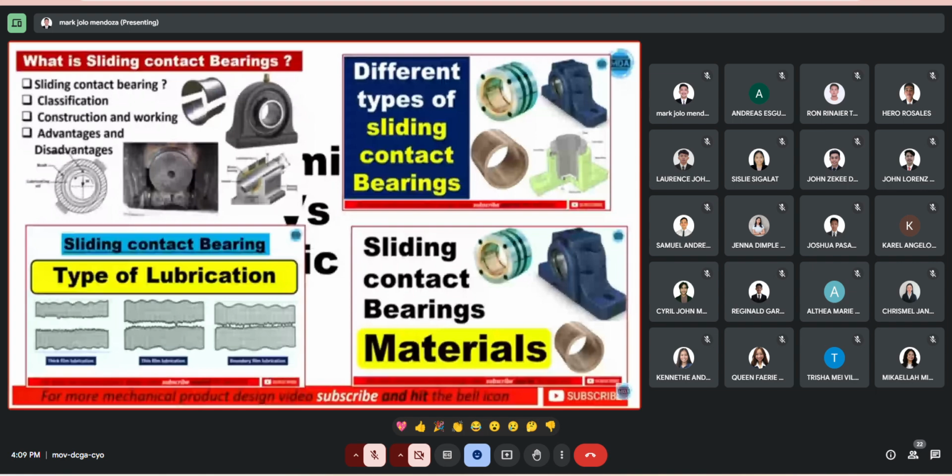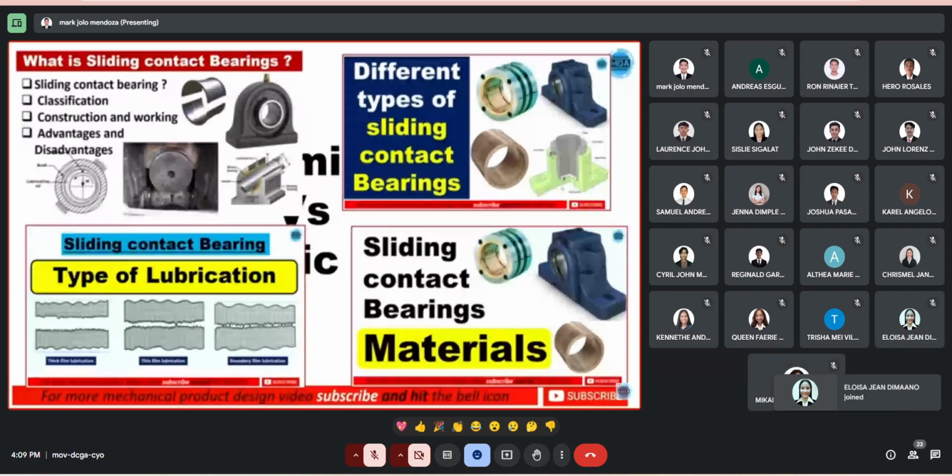So let's understand the hydrodynamic bearing first. The outer portion is the bearing surface, and the inner portion is the journal surface, or the shaft surface.